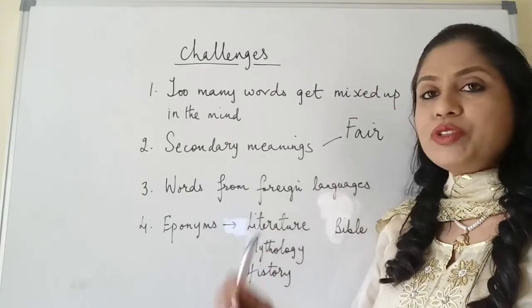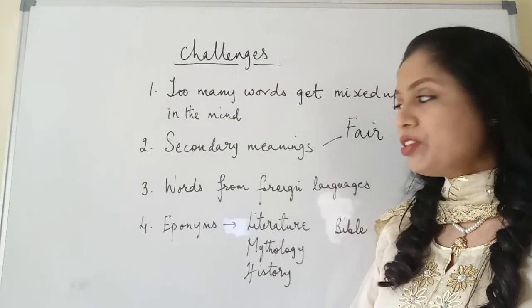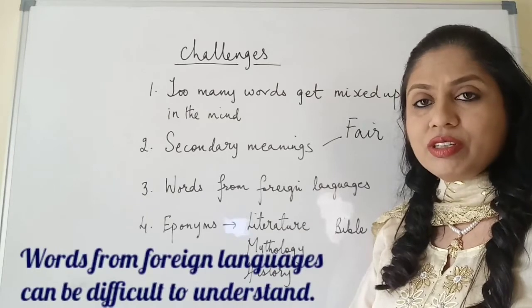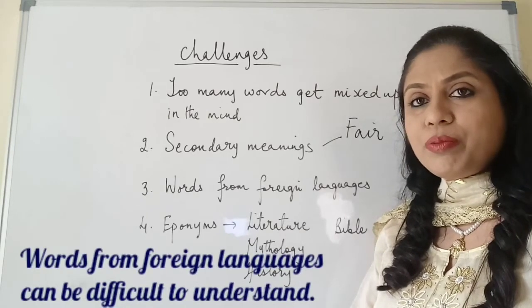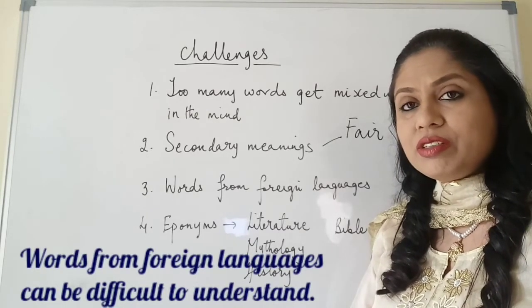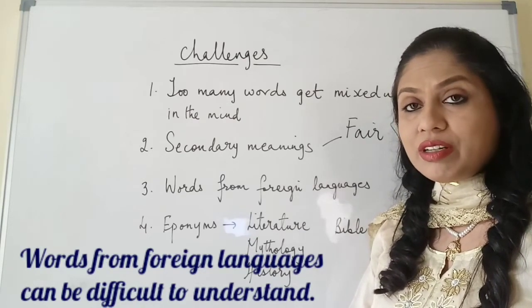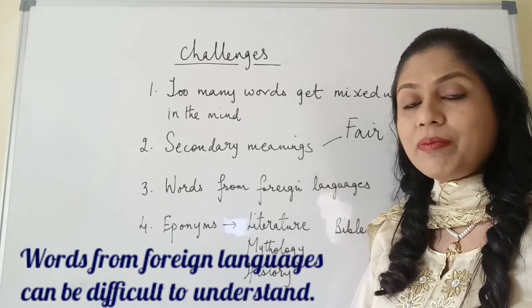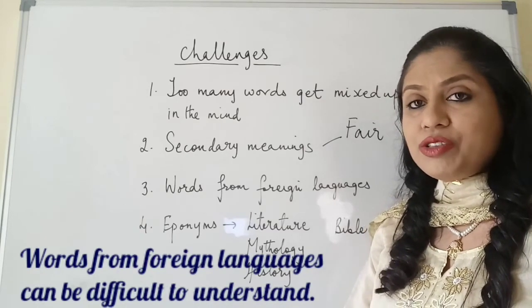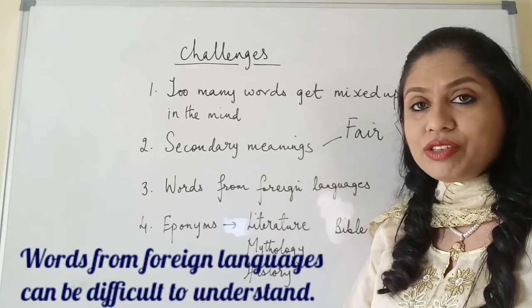The next challenge that I'm talking about is words from foreign languages. Such words do pose a problem because they form plurals in a different way. Sometimes while speaking we might have difficulty in pronouncing them. Words from French origin have a rounded pronunciation.